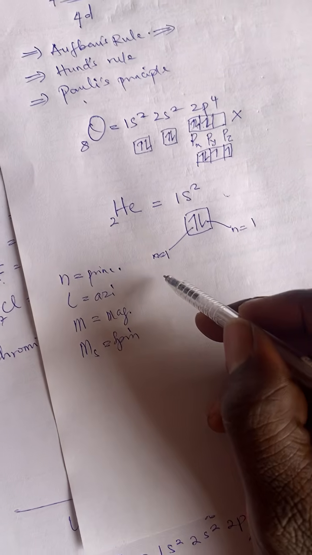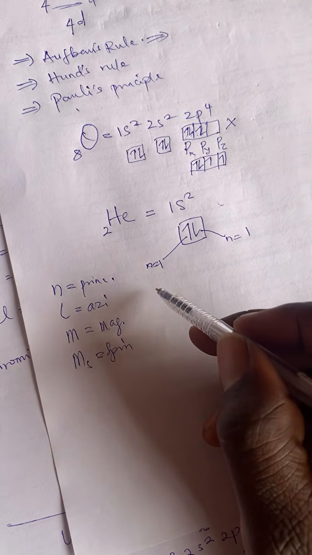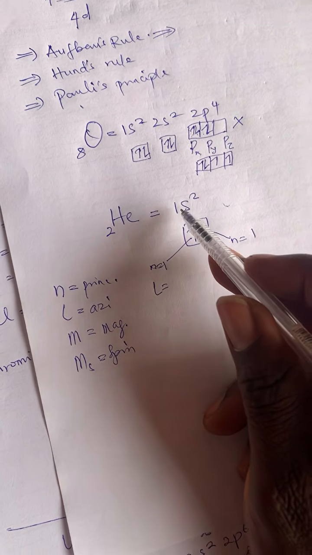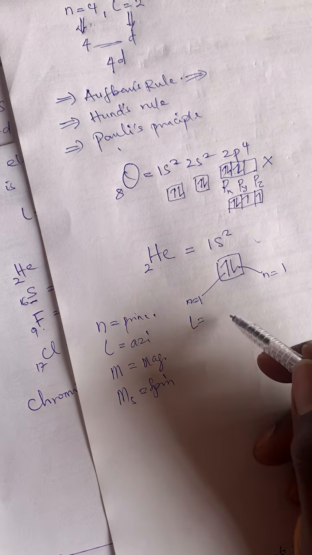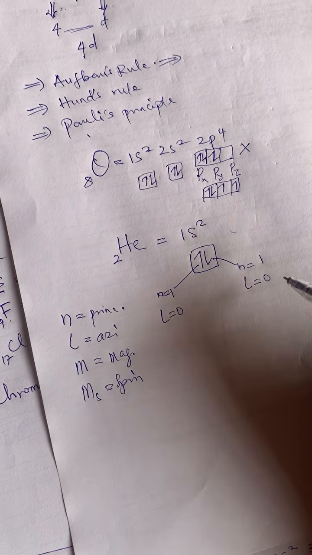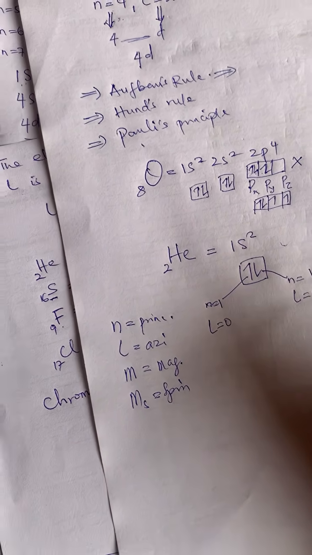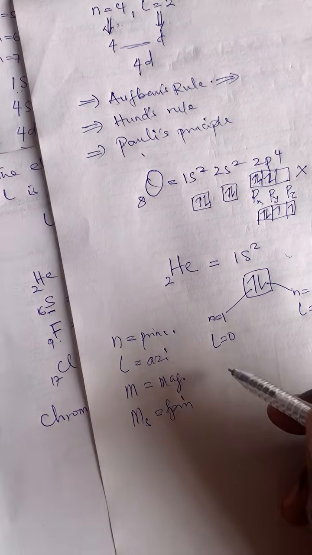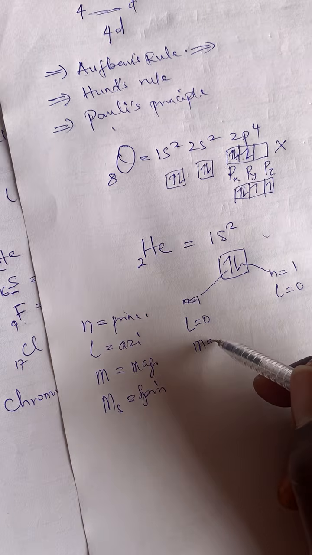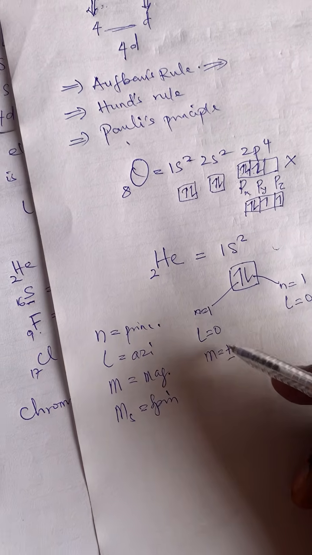Now, because they are also on the same orbital, they are going to share the same azimuthal quantum number, and the azimuthal quantum number for s orbital is 0, okay, then the L value is 0. Then, of course, M, the magnetic quantum number, is usually illustrated as plus or minus the L value.